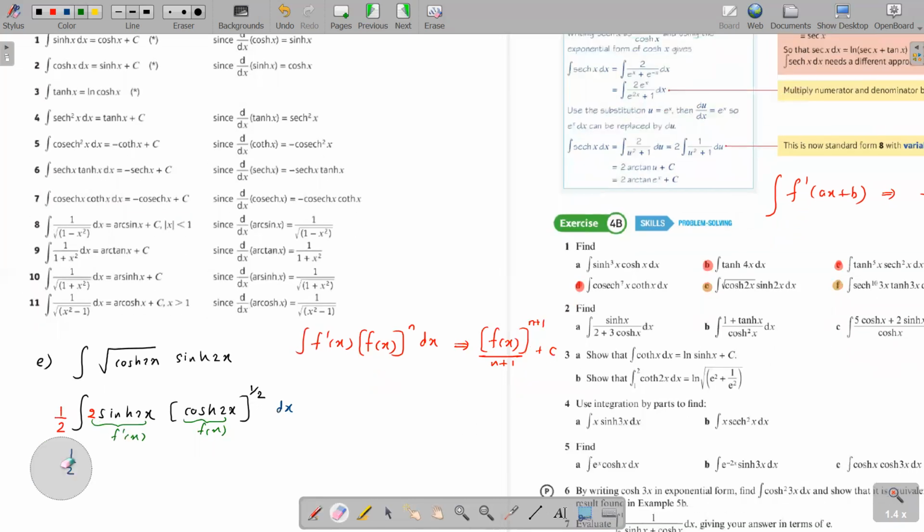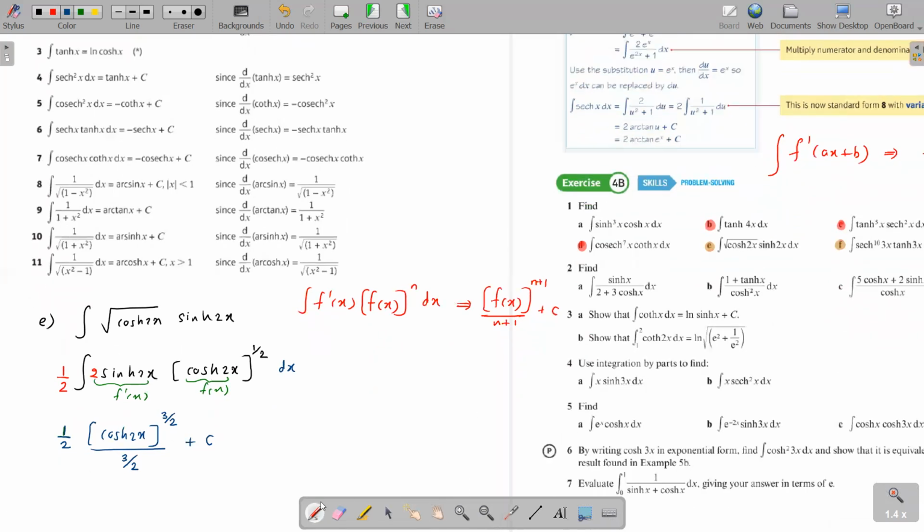So what happens here? I end up getting half times cos 2x to the power half plus 1 is 3 over 2, divided by 3 over 2 plus c.